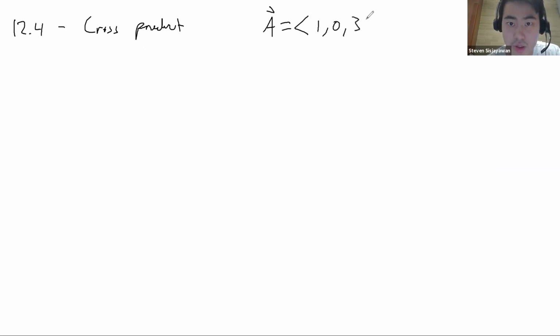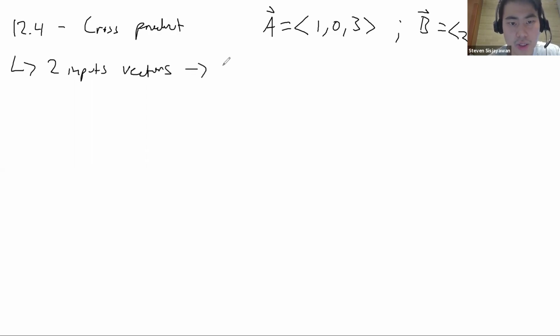Say A is 1, 0, 3, and B is 2, 3, and 7. For the cross product, there are again two vector inputs, but the only difference is that it outputs a vector too. It will not output a scalar quantity like the dot product. It will actually output a vector quantity.